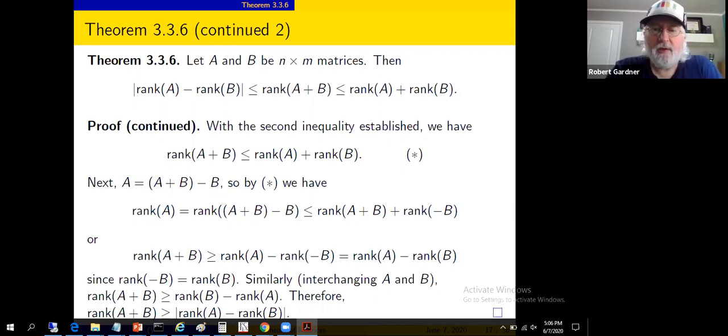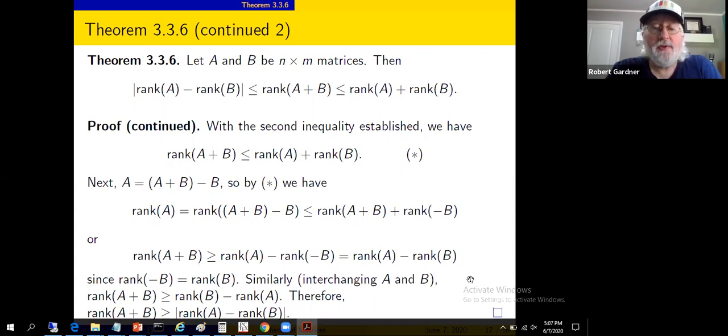It replaces all the rows with their negatives. That doesn't change any linear independence. That doesn't change anything in terms of rank. I could explain it in terms of elementary matrices and quote a theorem if you like, but let's be reasonable. So the rank of negative B and the rank of B are exactly the same. And then we've established the rank of A plus B is greater than or equal to the rank of A minus the rank of B. Okay, that's half of it.